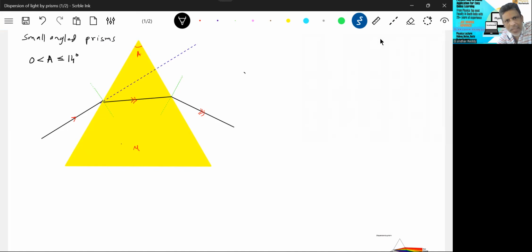Then, what about the deviation suffered for this one? This particular deviation I'm interested in. We know this is I1, this angle is R1, this is R2, this is I2. The net deviation is equal to I1 plus I2 minus A. According to Snell's law, sine I1 is equal to mu sine R1. As it is a small angle prism, I1 is equal to mu R1.